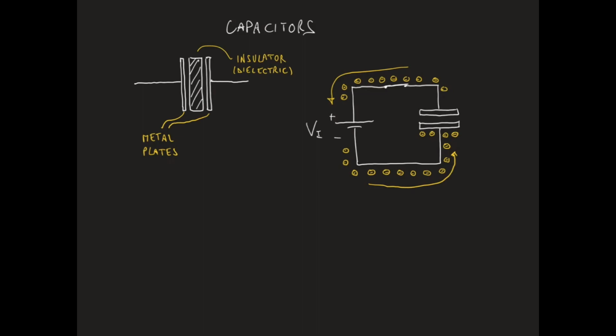The top plate becomes deficient in electrons, while the lower plate becomes abundant in electrons. Very quickly, the top plate reaches a positive charge plus Q, while the bottom plate reaches a negative charge minus Q.